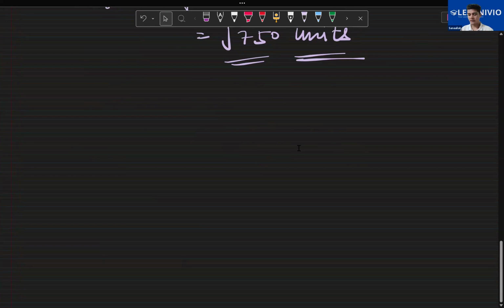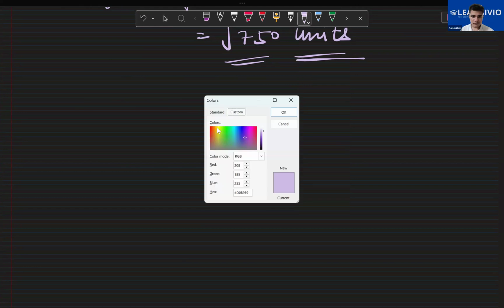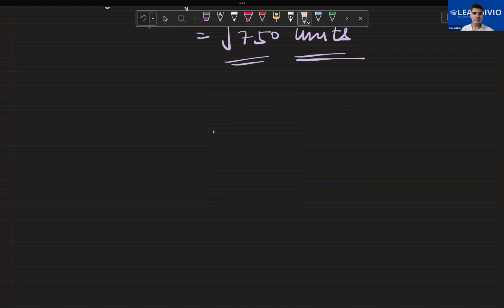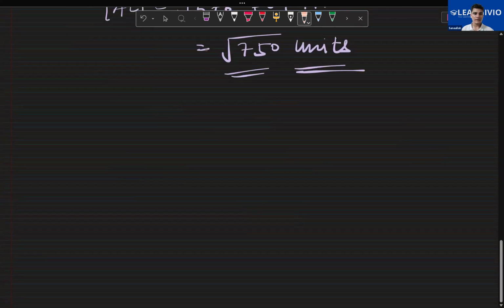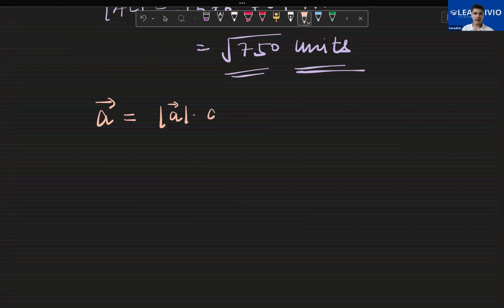So this is the magnitude of any vector. Now this magnitude is done. Now we have a direction. If I want to find the direction, we know this formula. If I have a vector A, I can write this as magnitude of the vector into A cap.